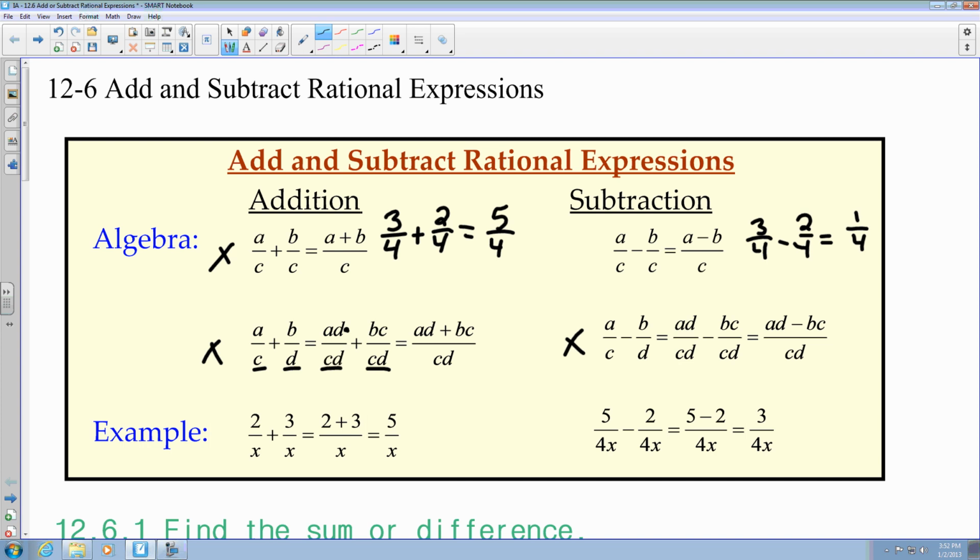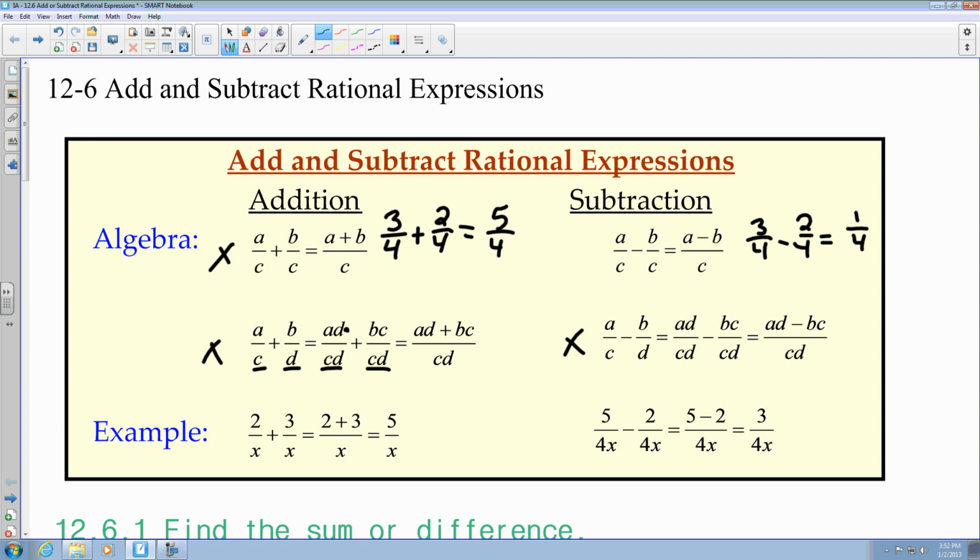Same thing goes with the second fraction. You're multiplying c to both the numerator and the denominator. So if you do one set of either the numerator or denominator, you must do the same thing to both sides, and that will become very apparent when you start doing the examples in today's lesson, especially when you're doing your homework.